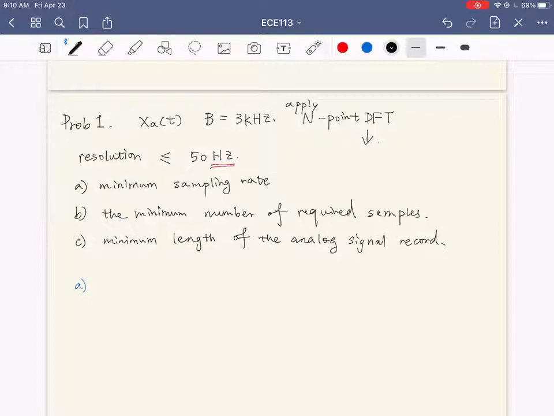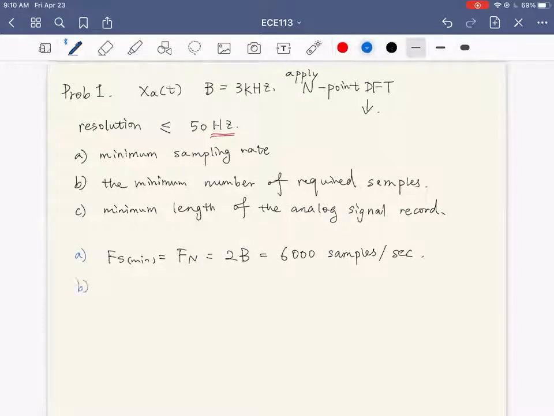So the minimum is basically the Nyquist rate, 2 times the bandwidth. So it is 6,000 samples per second. Thank you. And about question 2, we need to consider N, the number of points in DFT.